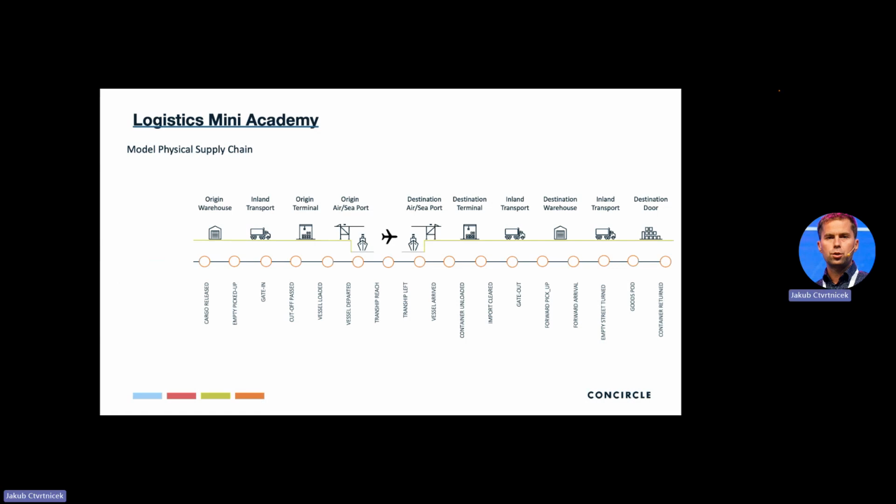The physical model could be various. It could be shorter on one end, it could be shorter on the other end. It doesn't really matter. It could be eventually only modeling the main leg, so the container sail-off and arrival. That could be the very minimum. Or a customer can ask us to model only the pre-leg or on-carriage leg itself.